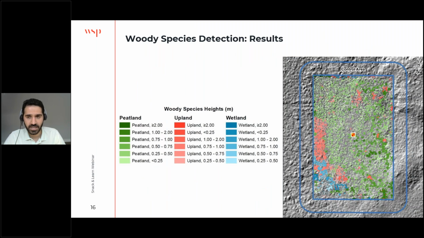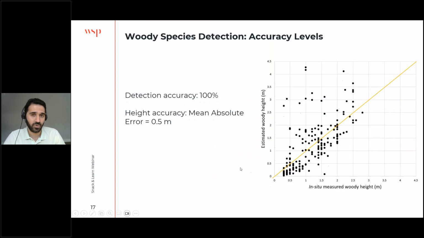Here is an example over one of the sites. So different land cover types with their heights, and the heights are displayed with different colors in this figure. We also assessed the accuracy of our model. So the detection accuracy was 100%. It means that we could identify all the elevated vegetation, woody species, in our study area.